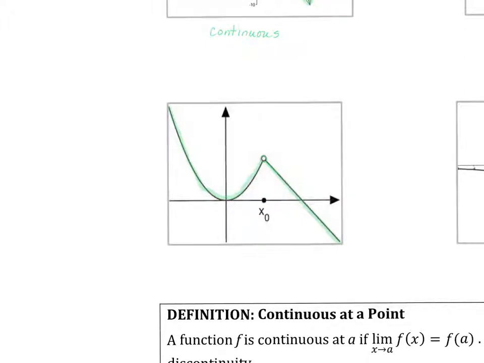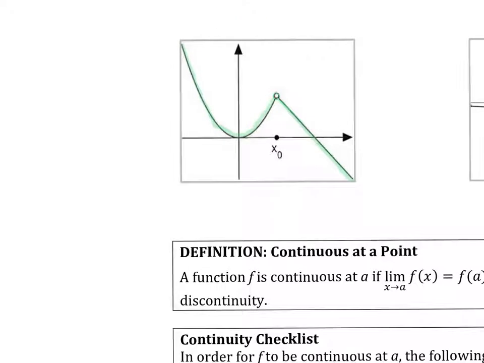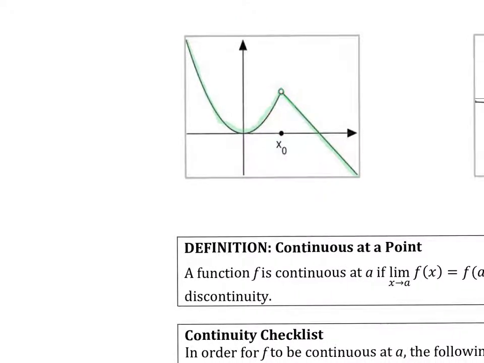So if there's a hole, we call that a removable discontinuity, because all we really have to do is just plug up the hole. So this is a removable discontinuity. Sometimes we call it a point discontinuity, because it's just a single point that we need to fill in.